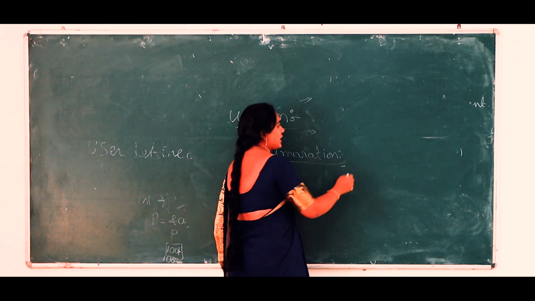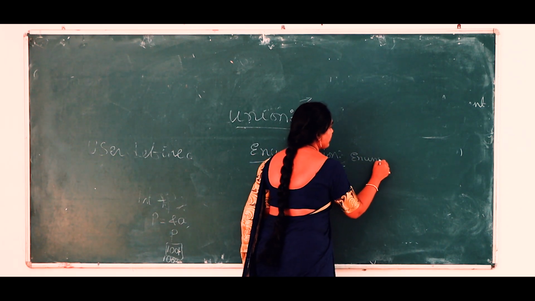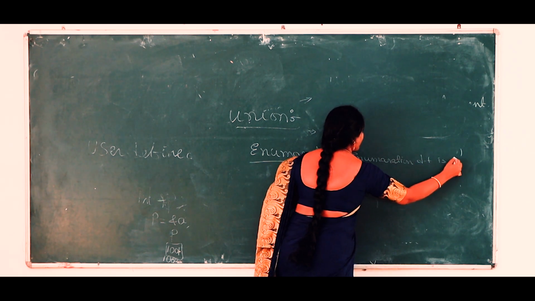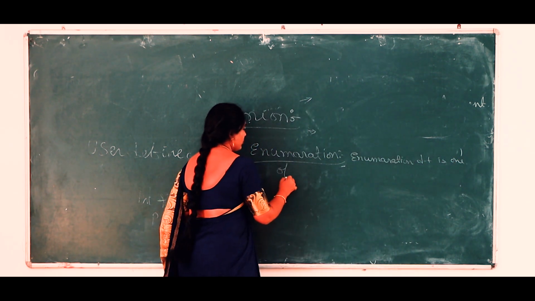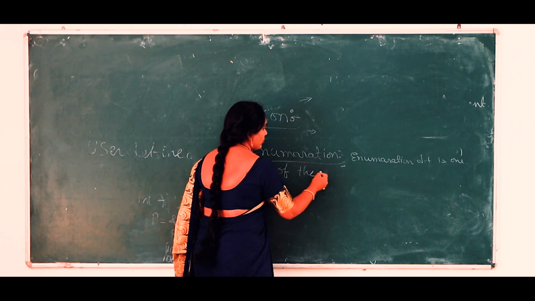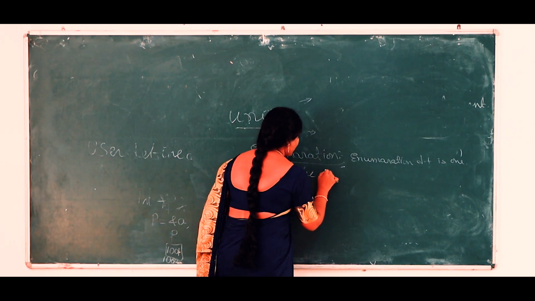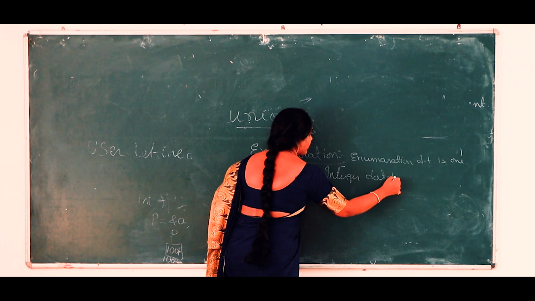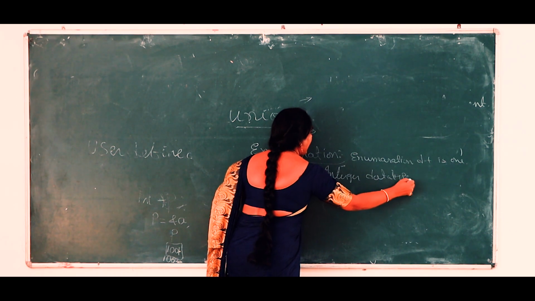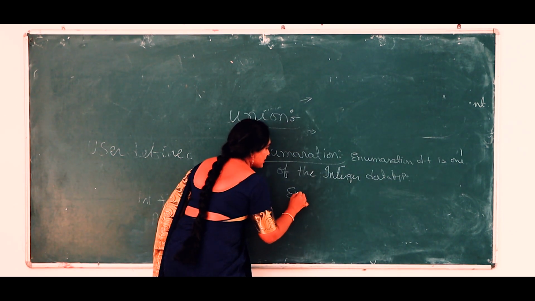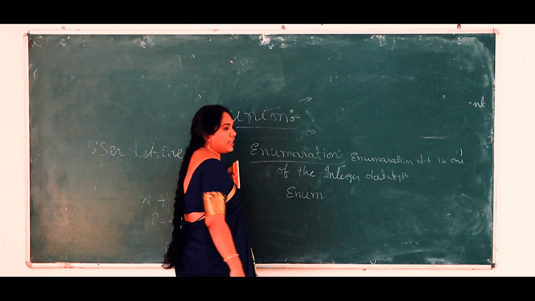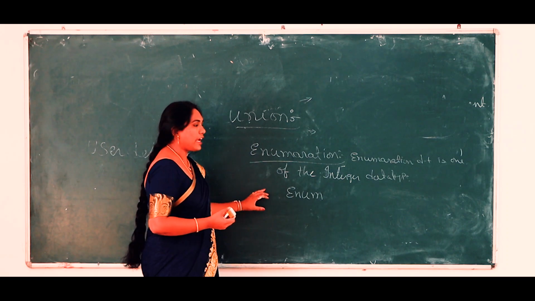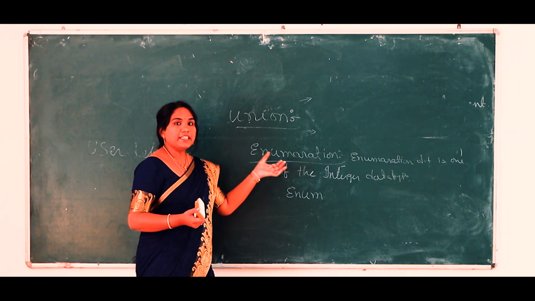The enumeration data type is one of the integer data types, and the keyword we use is enum. Here also we can use the enumeration data type for integer values.